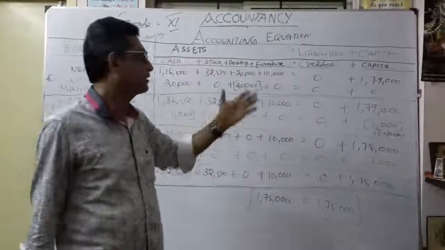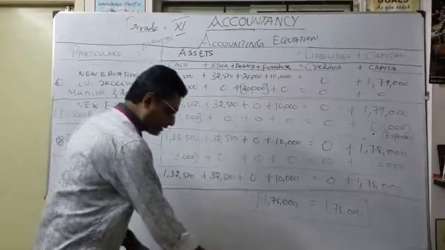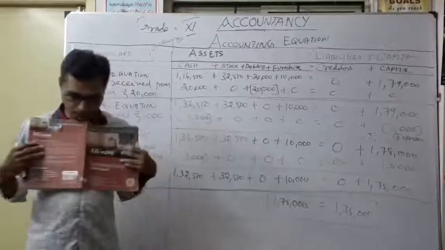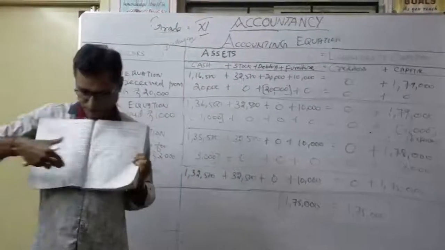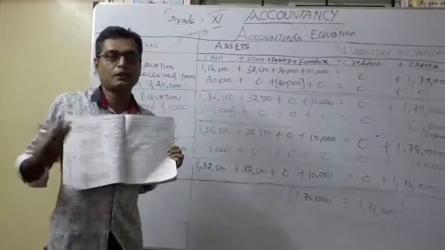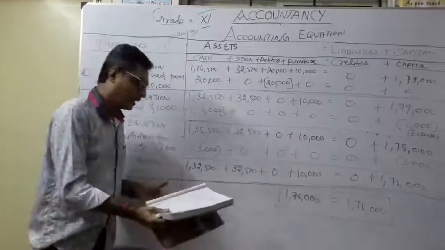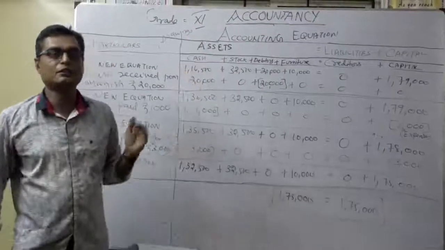Suppose there are more transactions, that's why the lengthy one. Suppose you take a notebook and have a big transaction, you want to show it fully. This side also open a notebook and you continuously write. So you can easily identify. You understood? That's our accounting equation, very easy one.